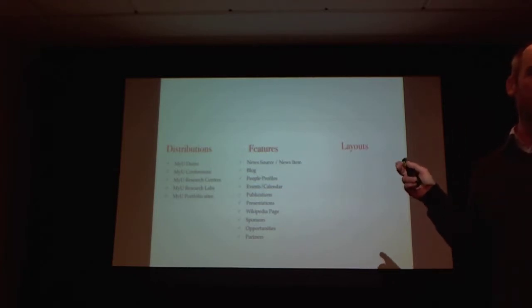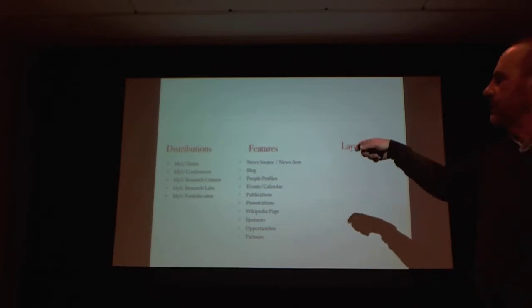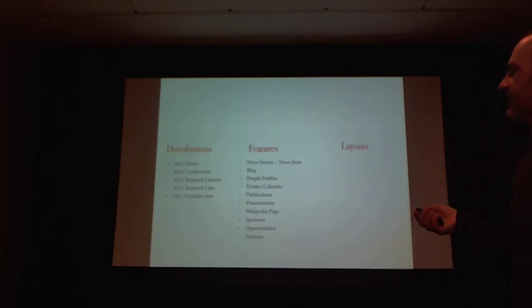So I've been working on the Open Atrium distribution. I keep urging them to release an academic version of it because I think it's so brilliant. A place like MIT or Harvard should have their own group of distributions: a standard distribution, one for conferences, one for research centers, one for research labs.